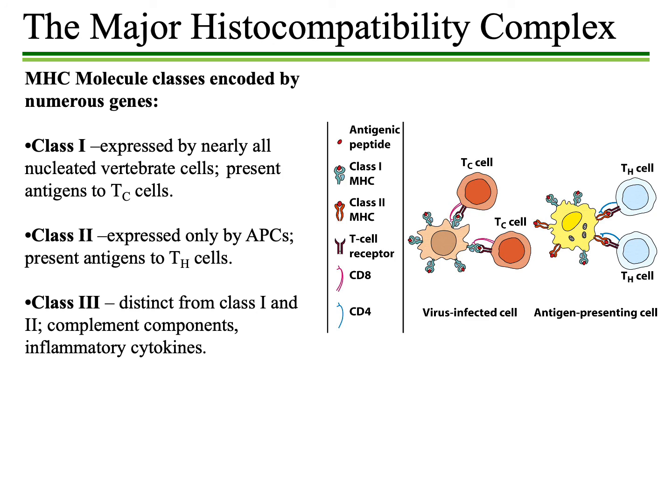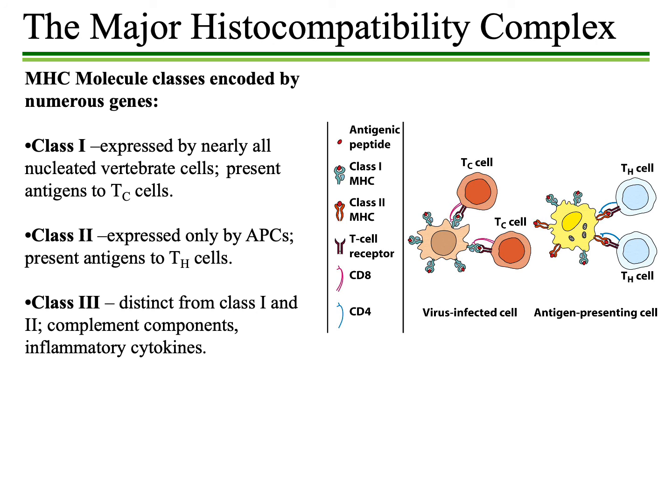So based off of this, plus the terminology we just talked about, those cells that are presenting antigen to cytotoxic T cells utilizing a class 1 MHC are going to be called target cells. Class 2 is expressed only by antigen presenting cells, and this group of cells presents antigen to helper T cells.